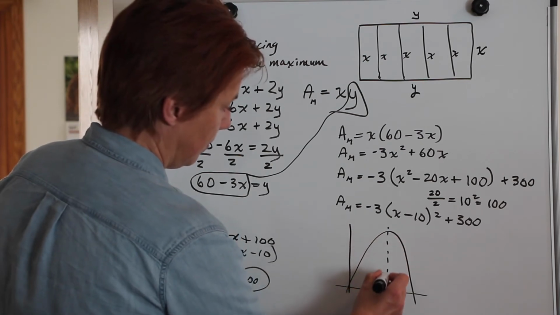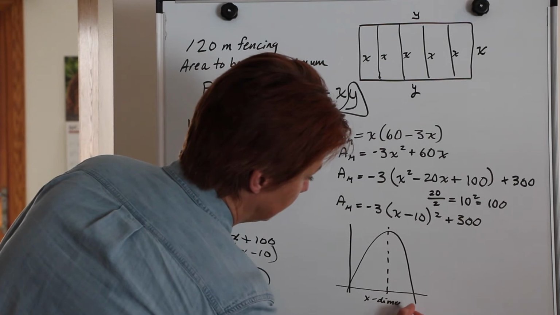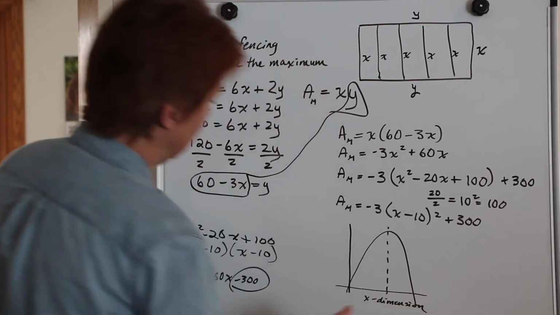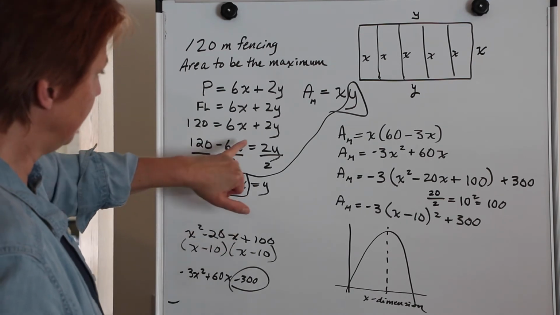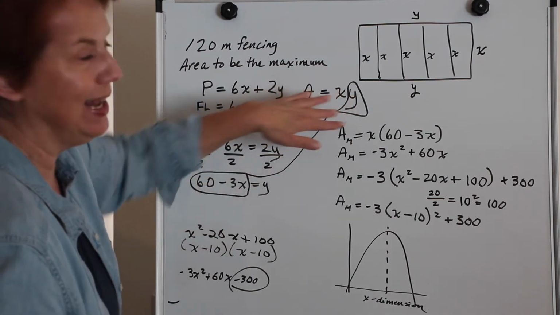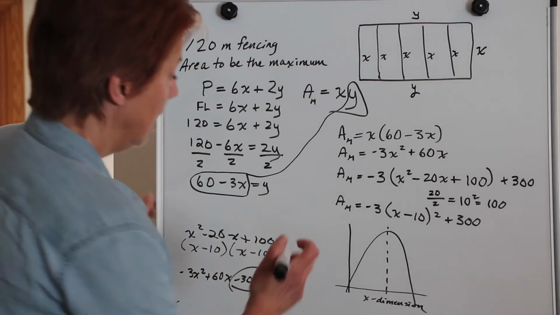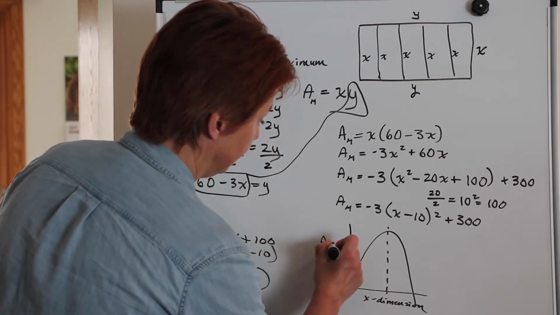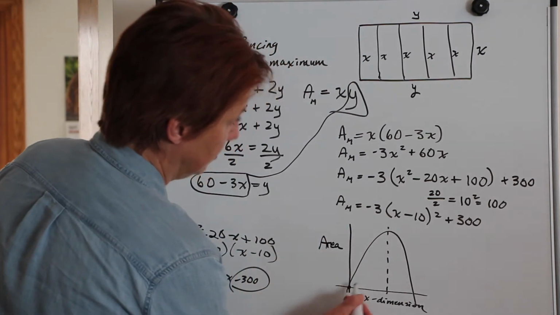So this is the x dimension of the field. Could have been y. If I had solved this for x, then this would have been in y, and this would have been the y dimension. Still would have worked. And this is your area. Okay? So if x is 0, the area is 0.